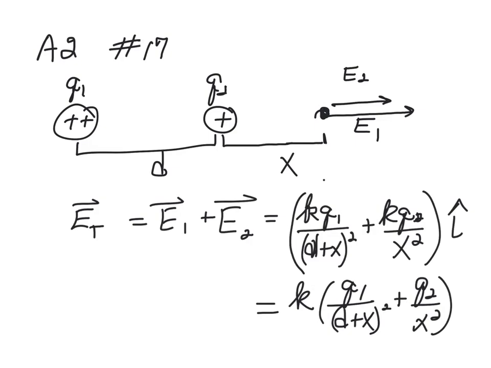Okay, pretty straightforward. kQ1 over the distance squared, plus kQ2 over the distance squared. We can factor out the k. The other thing to keep in mind, d plus x squared and x plus d squared are in fact the same thing, because those are just positive numbers.